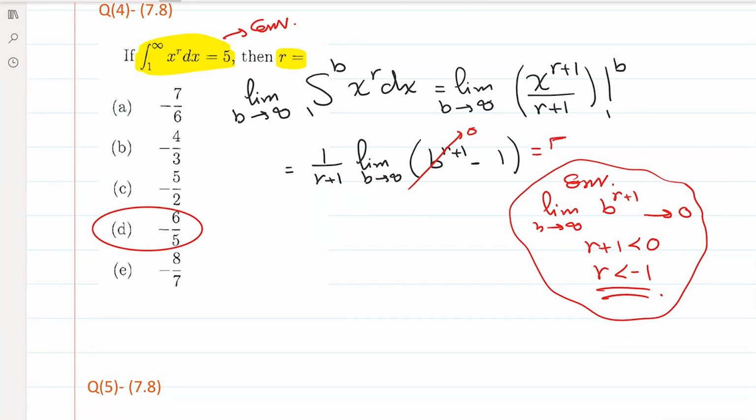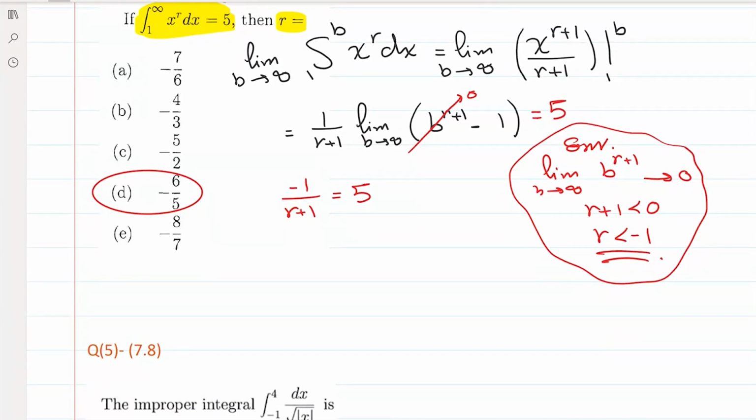And this equals 5 from the question. So minus 1 times 1 over r plus 1 equals 5. Now you can solve it. This means r plus 1 equals minus 1 over 5, so r will be minus 1 over 5 minus 1, which is minus 6 over 5.